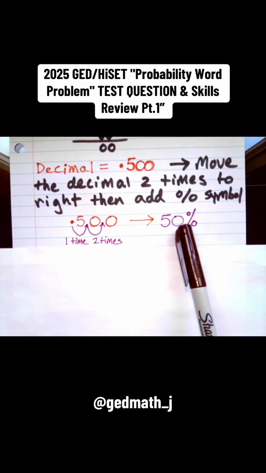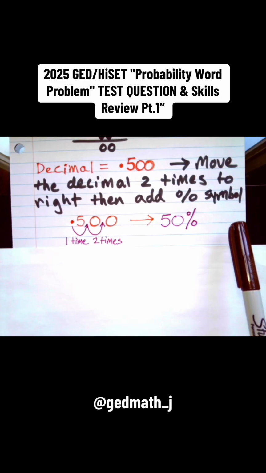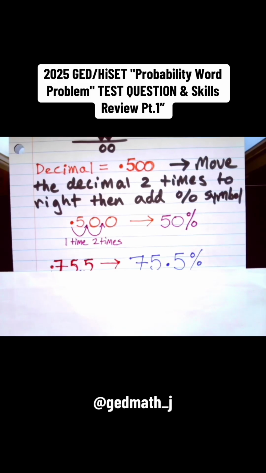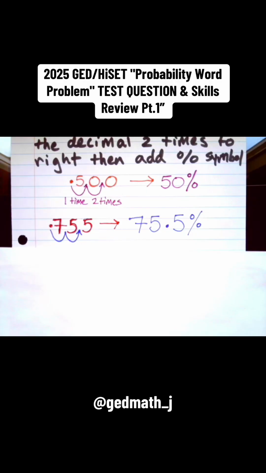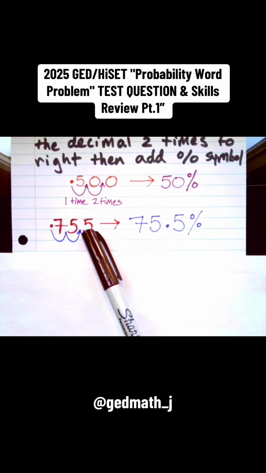Could you show that decimal to the right of the 0 and then add a bunch of zeros in the percent? Sure, but it's still going to be 50% any way you look at it. Hopefully this is helpful. Let me show you a second example of converting a decimal to a percent. We've got 0.755.